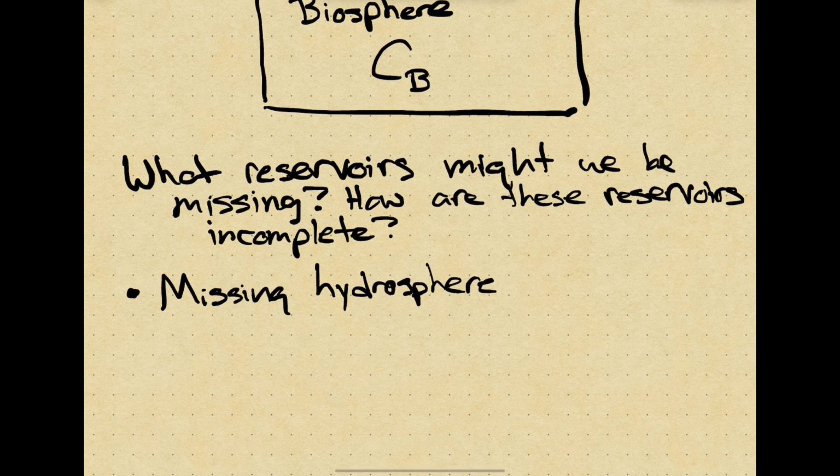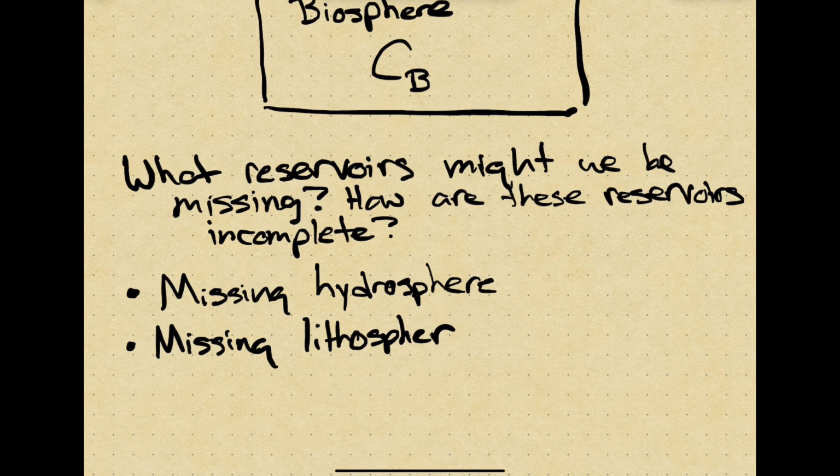Yeah, so we're totally missing the lithosphere, which I can't remember, but arguably is one of the larger reservoirs. It just so happens that the turnover times, the residence times, of carbon in the lithosphere are much, much higher than they are in the biosphere and atmosphere. So that might be one reason we don't represent the lithosphere.